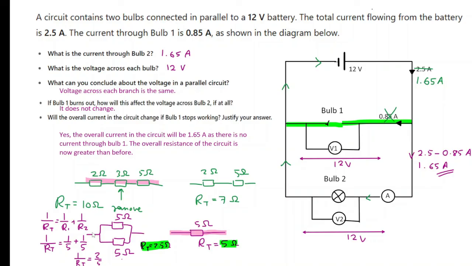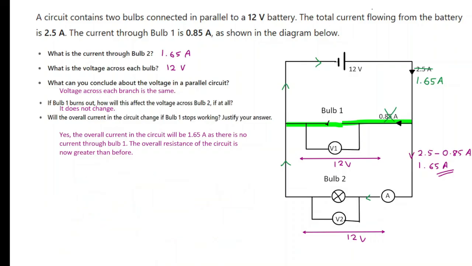In a parallel circuit, when you have two resistors like that, the current now has two paths to go through. So obviously, it will be a little bit easier than going through one. So that's why we can think in a parallel circuit, when you have a number of paths, a number of branches, the overall resistance is lower. But for this question, you don't really need all of that.